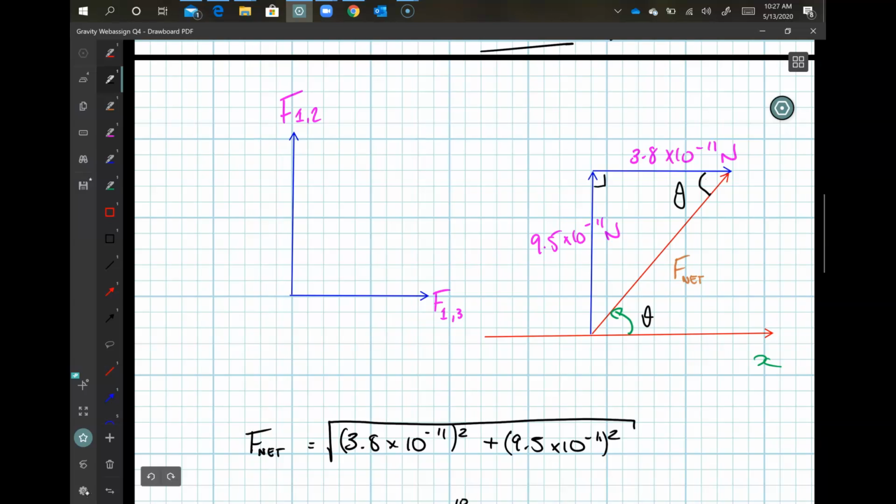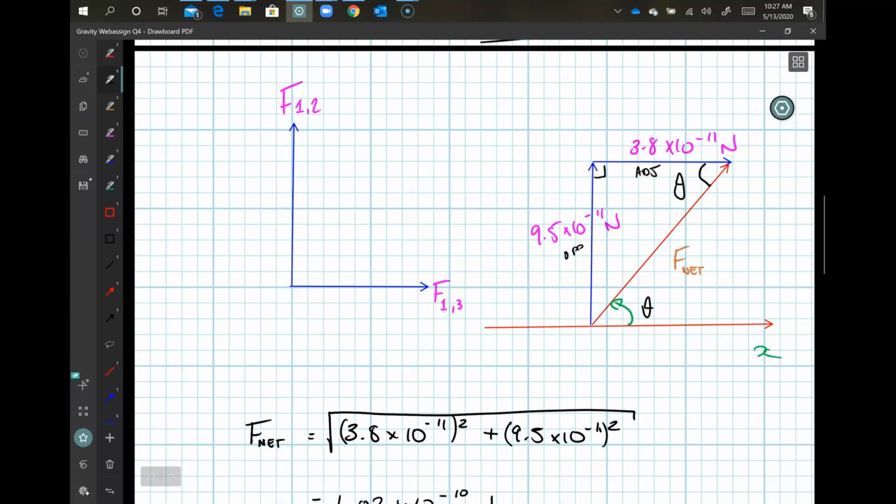Given that this is a right triangle, this side here would be the opposite side, and this side here would be the adjacent side. So opposite and adjacent, well, that's tan.